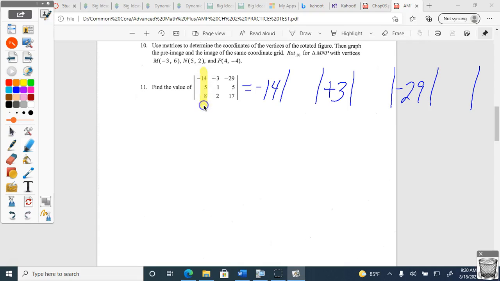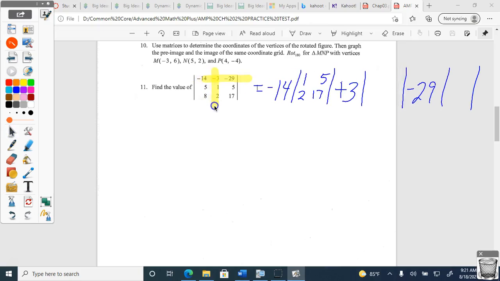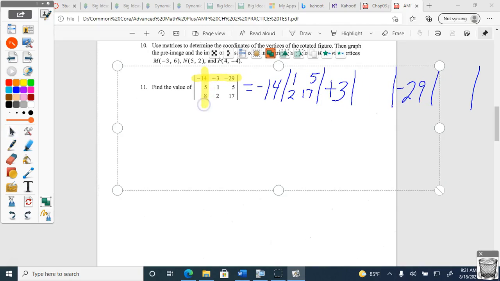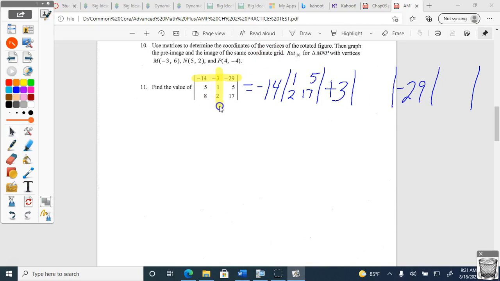Cover that one up and that one up. You're left with 1, 5, 2, 17. For the 3, I'm going to cover up the middle column and the top row. So I got 5, 5, 8, 17. And then I do the same thing.